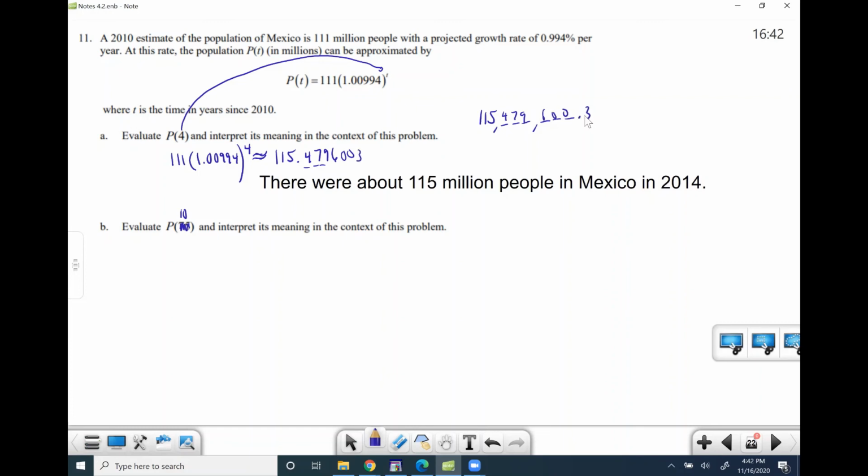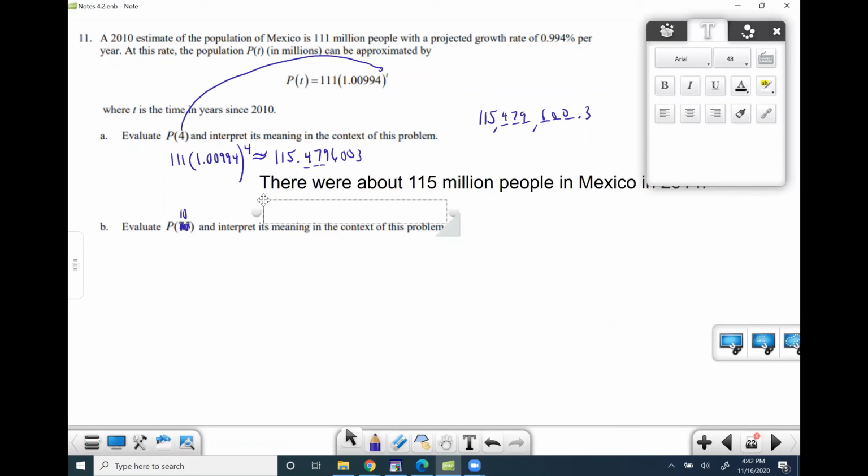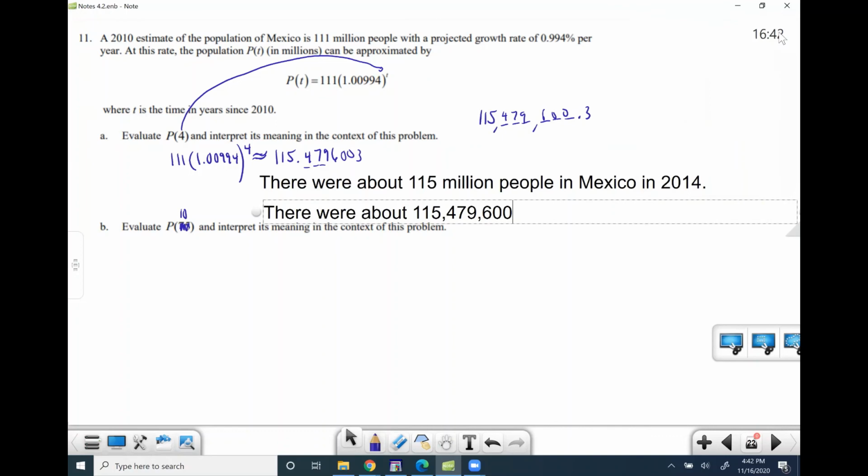Okay, so I'd leave it as this number right here. So another interpretation that's better, you guys can see, look at the difference, okay? There were about 115,479,600 people in Mexico in 2014.